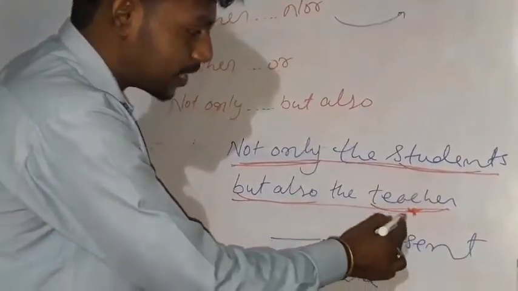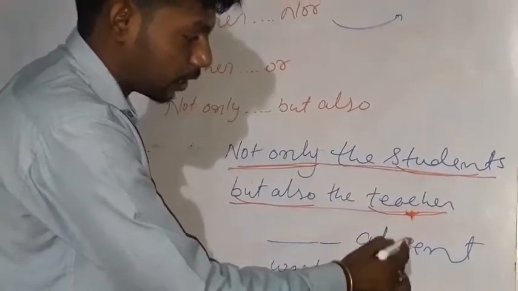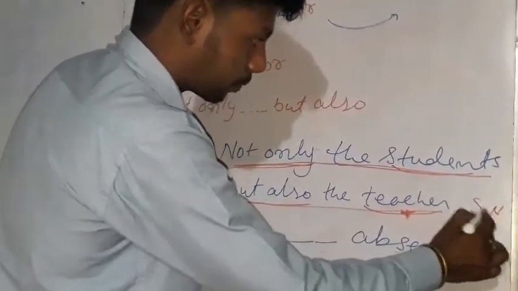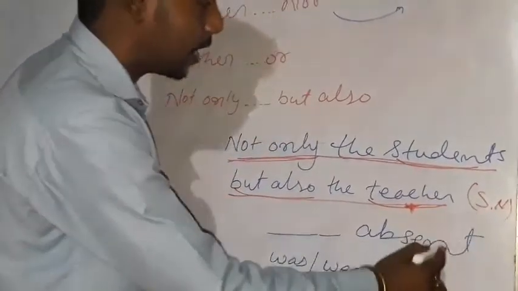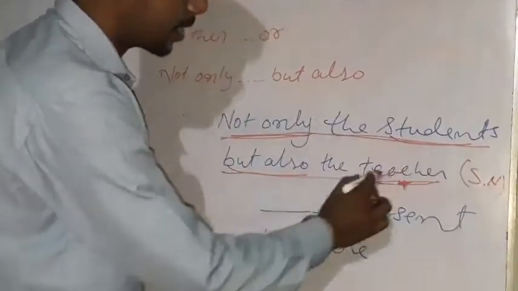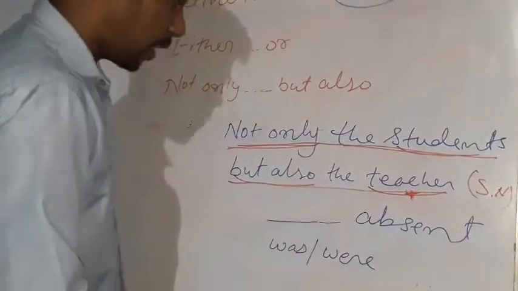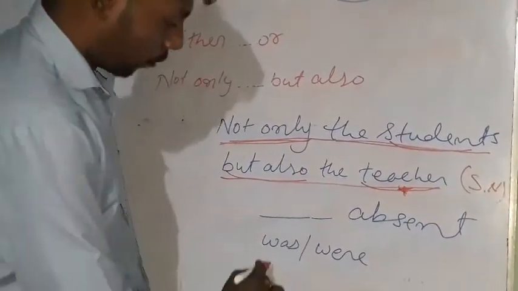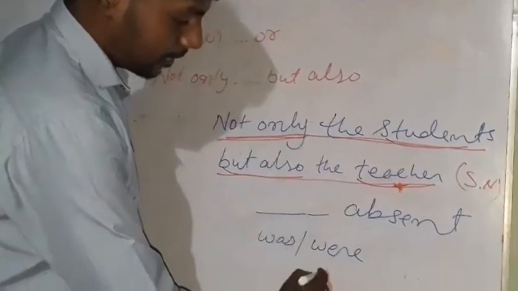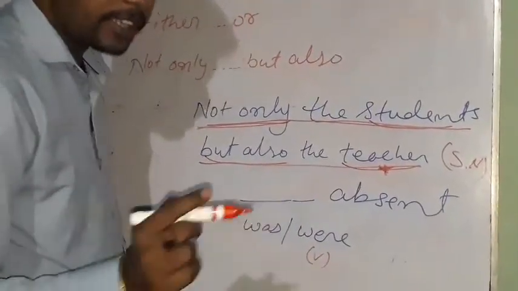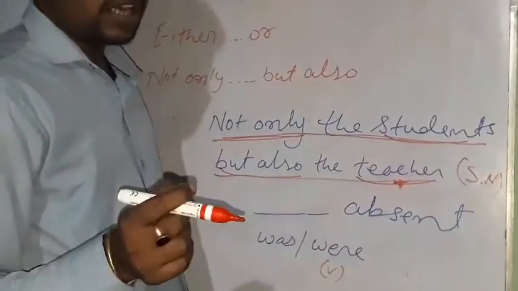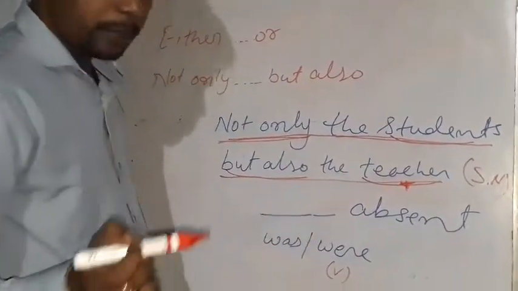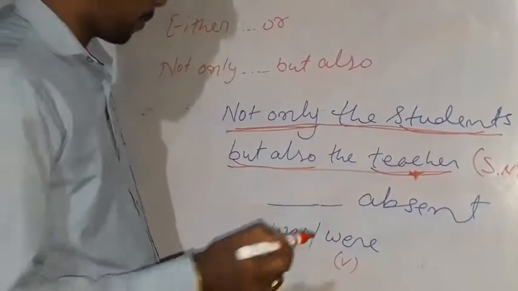Because it is a singular noun, the whole subject of the sentence becomes singular, and you have to choose a singular verb. Was and were. Were is used with only plural subjects, whereas was is used with singular subjects.